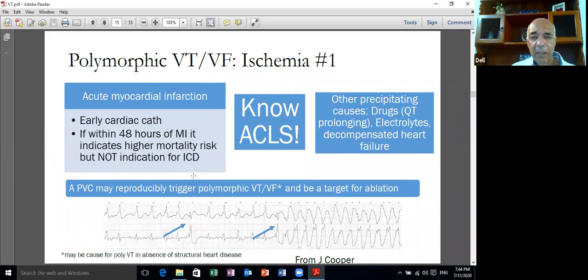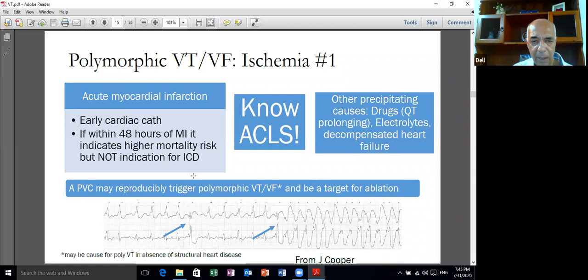Now, polymorphic ventricular tachycardia, if you see it, there are differential diagnoses for it, but the first and second and third cause of polymorphic ventricular tachycardia is ischemia. So ischemia, ischemia, and ischemia. If you get polymorphic ventricular tachycardia early within the first 48 hours of myocardial infarction, it indicates a high initial in-hospital mortality rate, maybe in the immediate post-hospital phase, but it's not a long-term mortality risk.